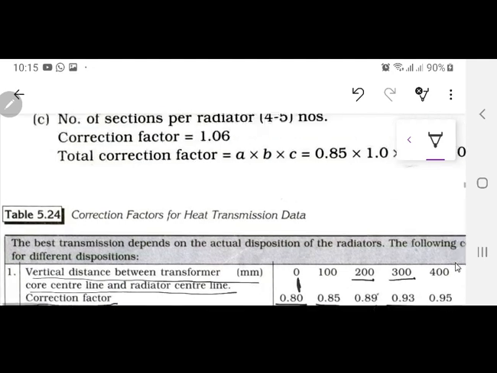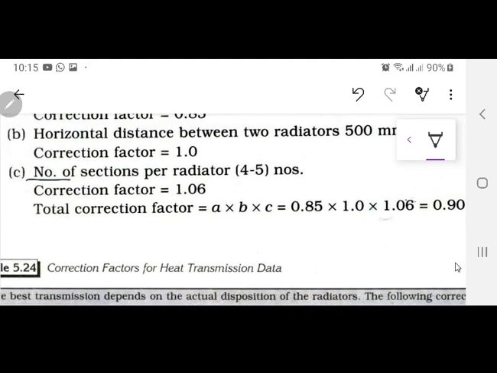The last correction factor, very very important, is how many number of sections per radiator. What are the sections?